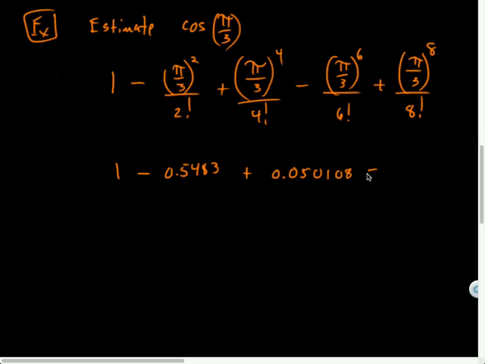Minus, let's raise that to the 6th power. And what was that, 4320? Did I do that right? Oh dear, I just did the wrong one. 6 factorial is 720.